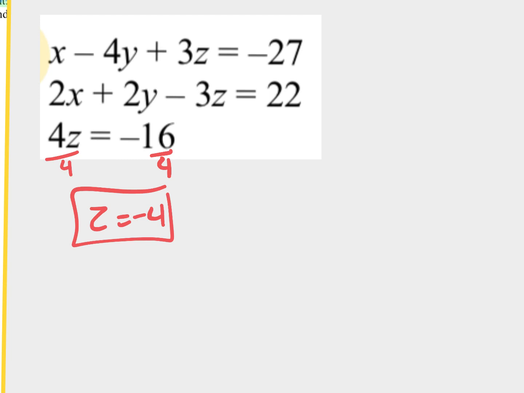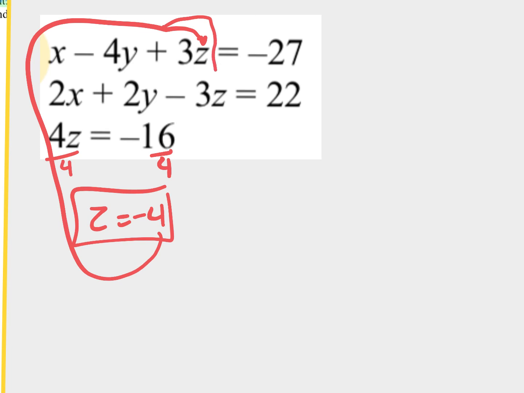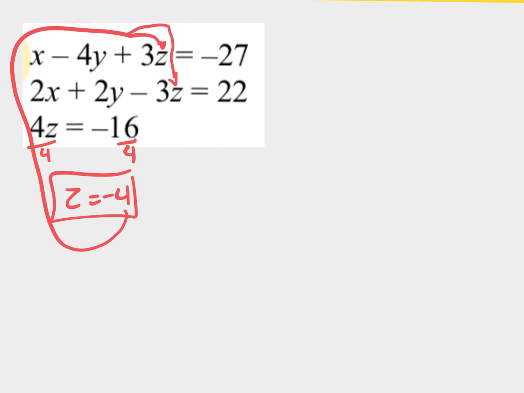Okay, so if I take the z value of -4 and put that -4 right there and also right there, I'm going to get 2 different equations without any z's. So the top equation will be x minus 4y plus 3z, which is times negative 4, equals negative 27.